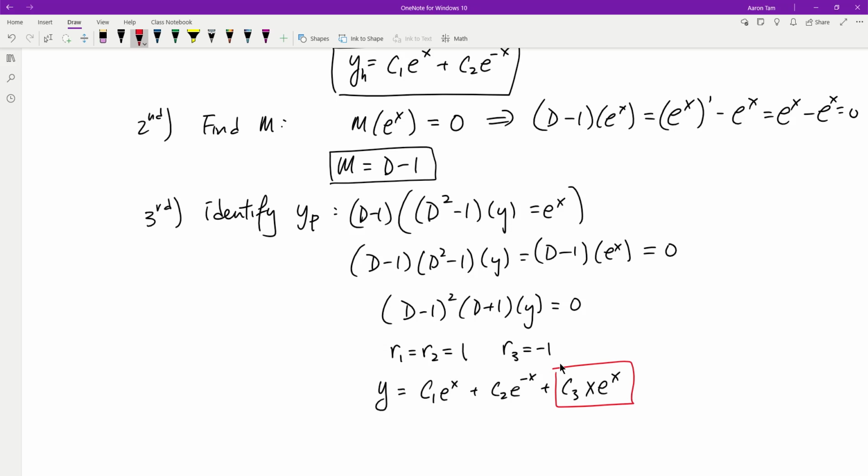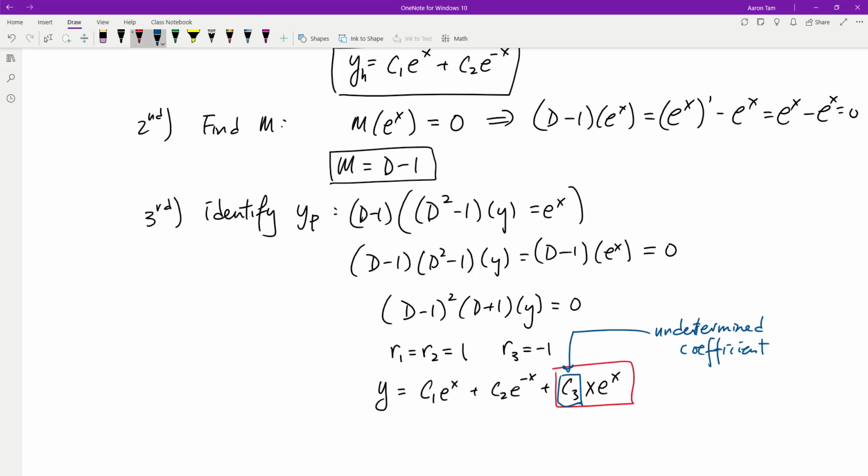We don't. In this case, C3 right here is what we refer to as the undetermined coefficient, because this coefficient should be a particular solution which has a specific value in place of C3, and we just don't know what it is yet.